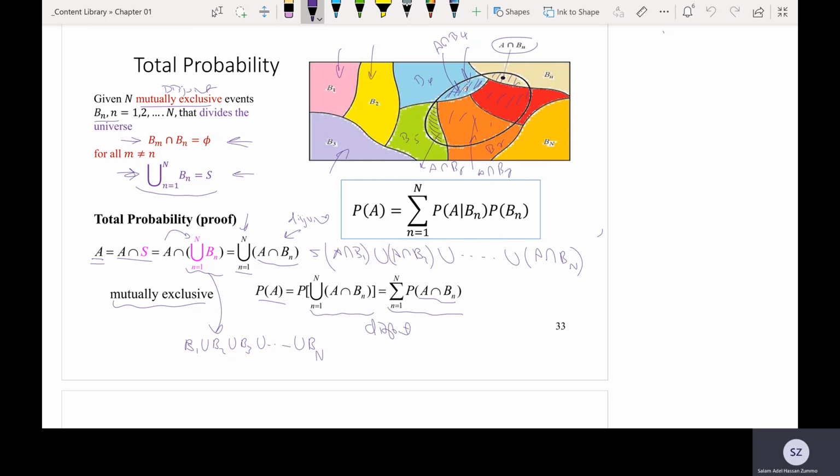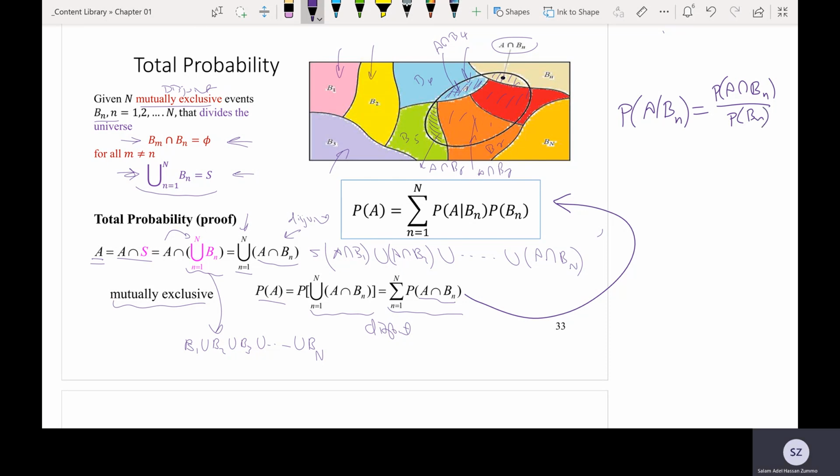Now, from here, we can see that the probability of the intersect of A and Bn is the probability of A given Bn multiplied by the probability of Bn. We already talked about the conditional probability. Conditional probability was: the probability of A given Bn is equal to the probability of the intersection divided by the probability of Bn.